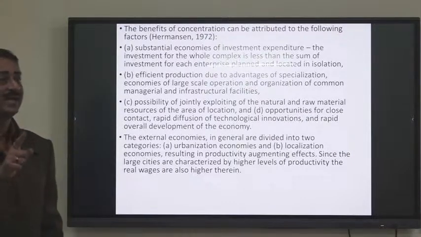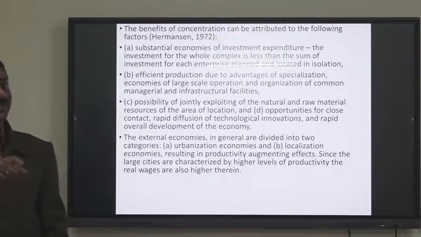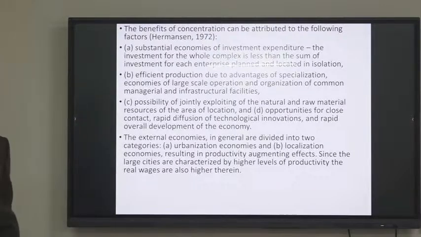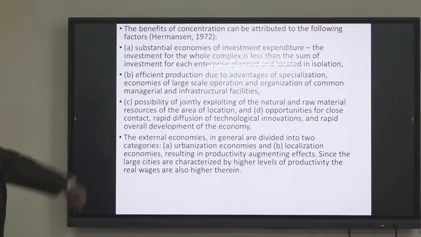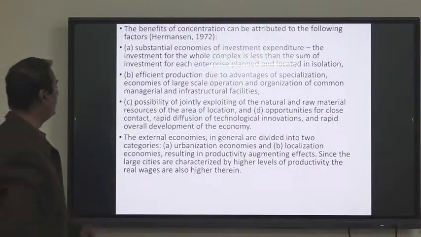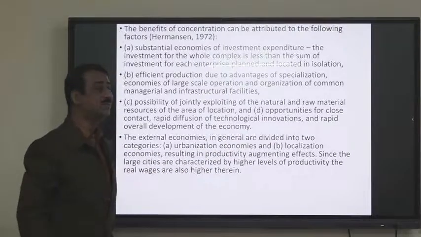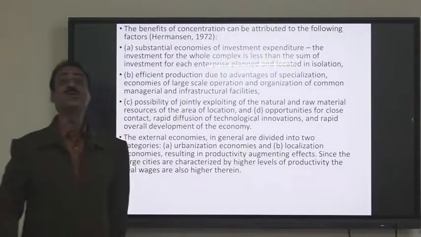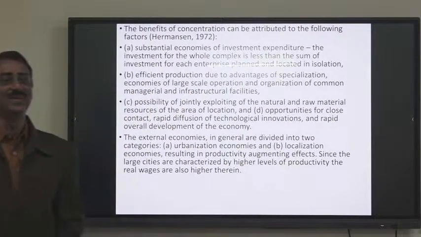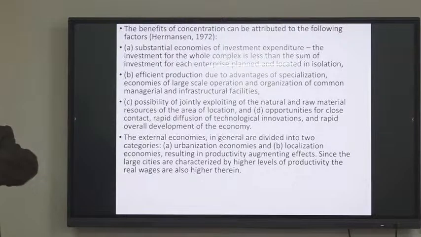You are engaged in ICT, I am engaged in ICT, we should go to Hyderabad or Bangalore. That model, the ICT model. So that is the distinction Henderson has made between these two. So Mills' concept is called urbanization economies, Henderson's concept is called localization economies. Both are agglomeration economies, but conceptually they are slightly different.